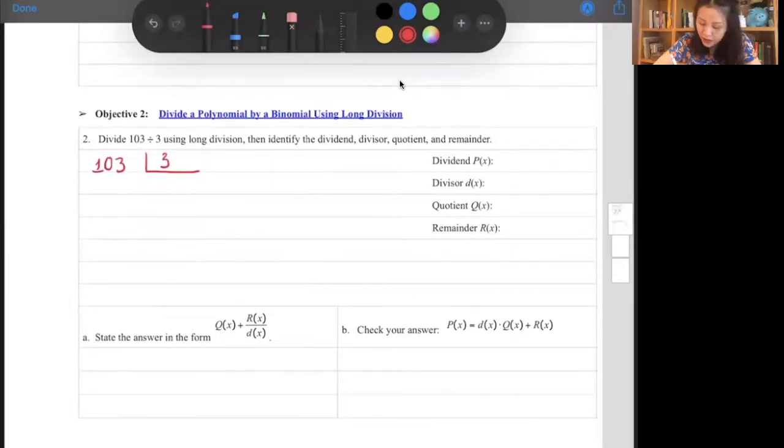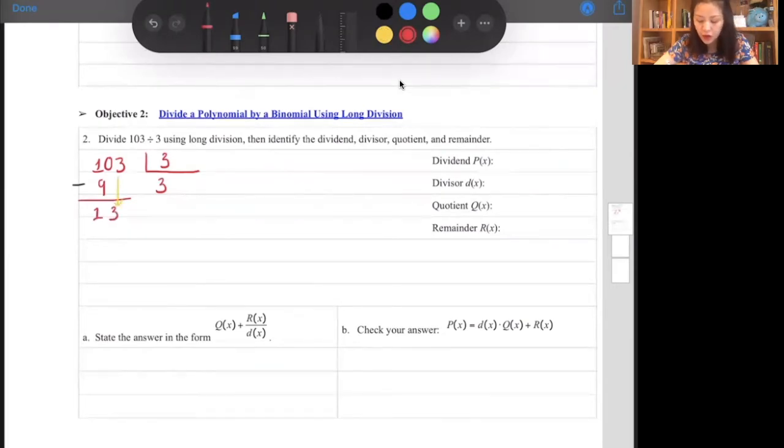I'm going to ask myself, 3 times what gives me 10, which would be 3, right? 3 times 3 is 9, and then you subtract, right? 10 minus 9 is 1, and then you bring the 3 down, so 13.